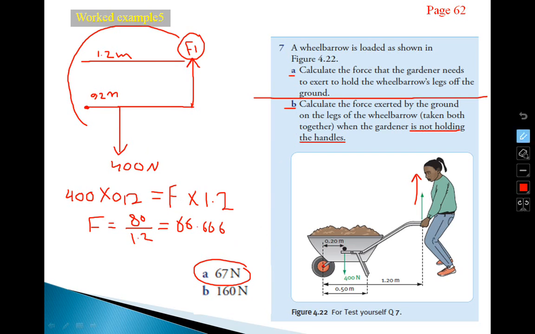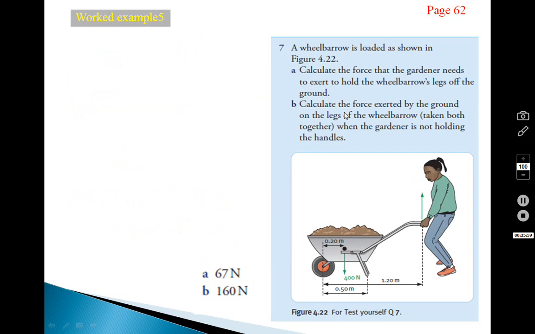Now we will move to section number B. Section B: calculate the force exerted by the ground. There is a force here at the ground, by the ground on the legs, acting this way.